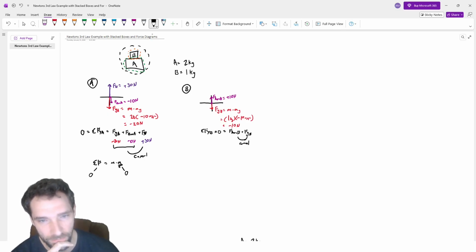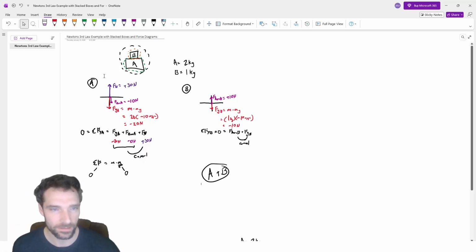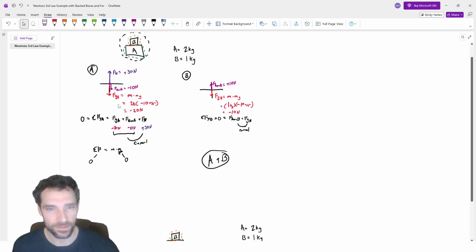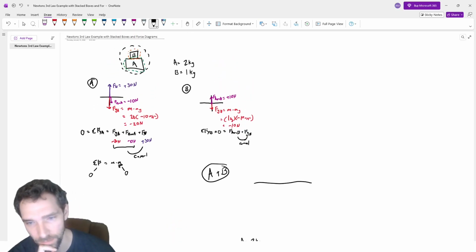So if we have the force diagram of A plus B, you can talk about them as like one larger object, and the equal and opposite forces kind of cancel out. So there's this force diagram that we can do for A plus B together.